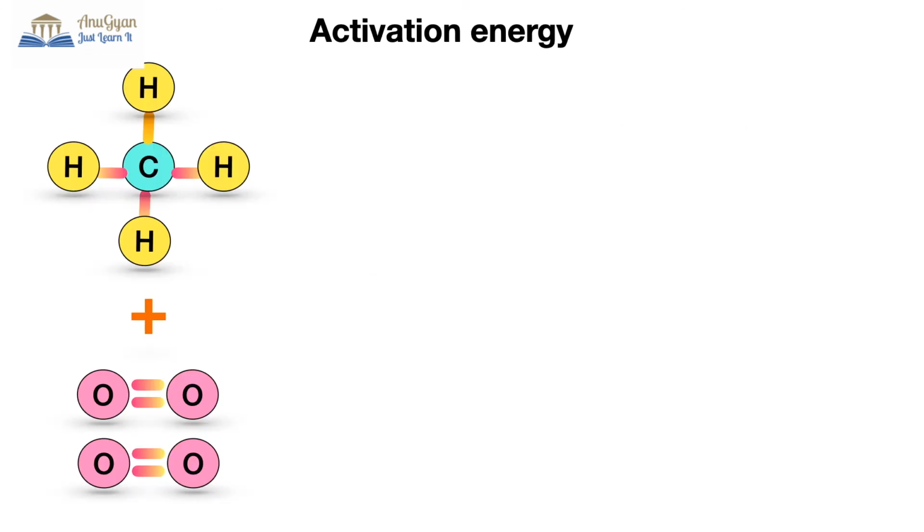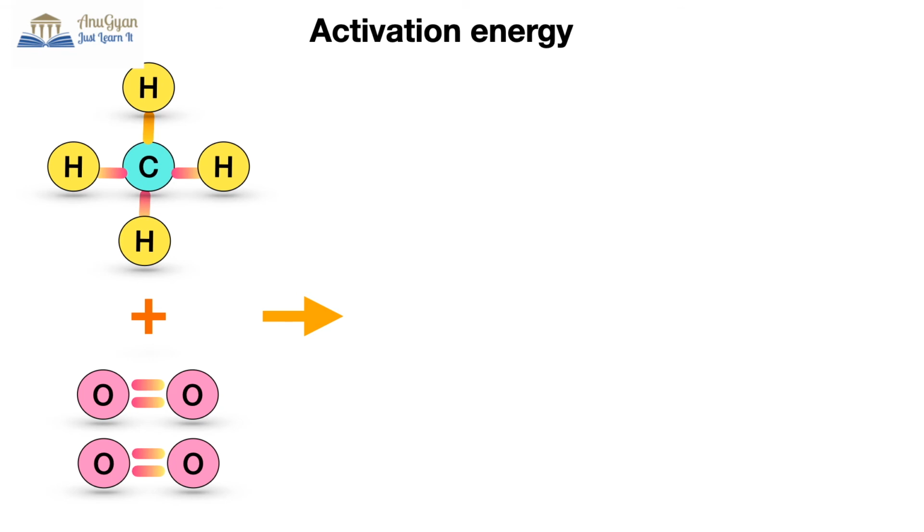To thoroughly understand the whole concept of heat of reaction, we need to know about the process known as activation energy. As you may have listened to me clearly, I stated that if a reaction has to take place, the reactants will first have to dissociate these bonds. But to dissociate these bonds, there is some energy that we will have to apply to these reactants so that the reaction takes place.